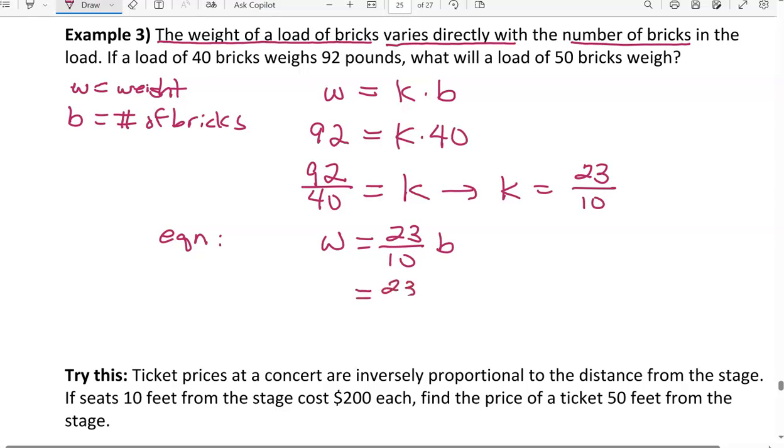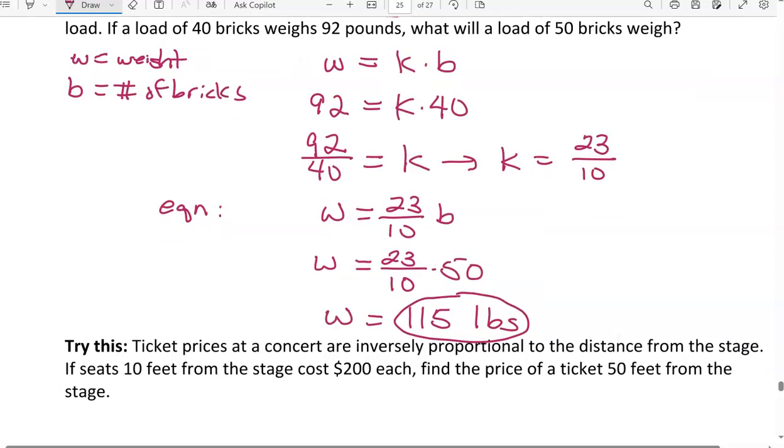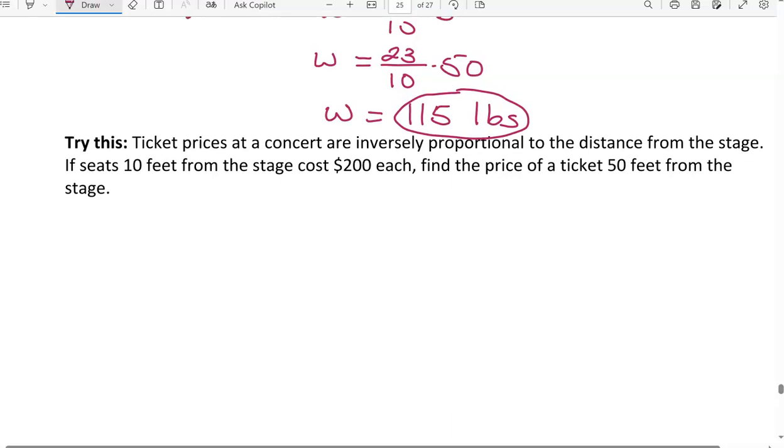So if the number of bricks is 50, we can do this multiplication and find out that the weight is 50 divided by 10 is 5 times 23 would be 115 pounds. Make sure to put units on your final answer. All right, try the next one on your own.